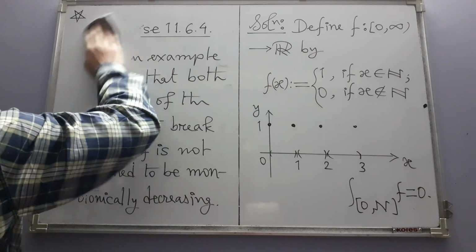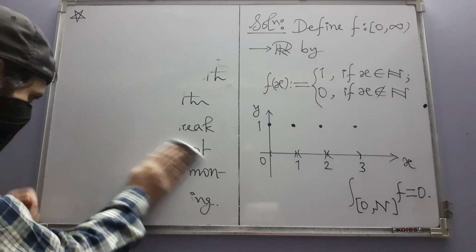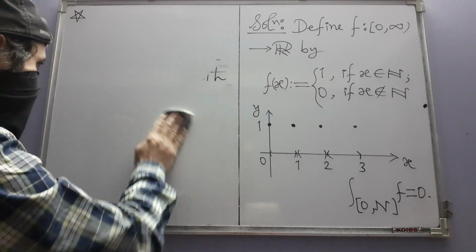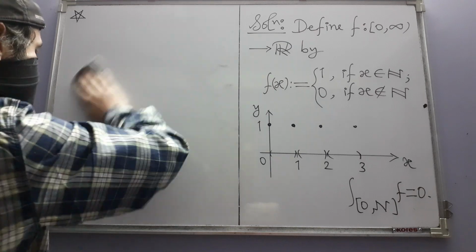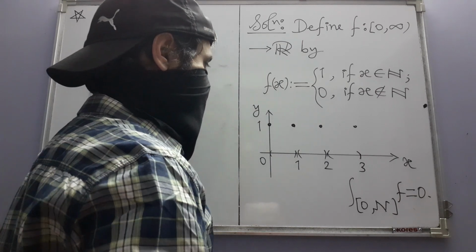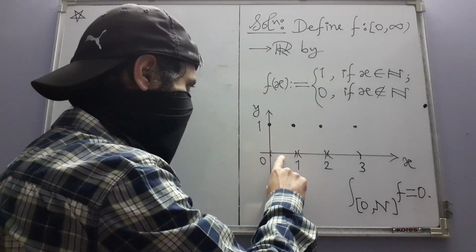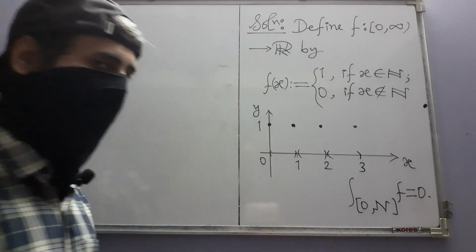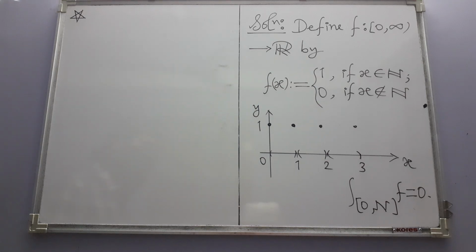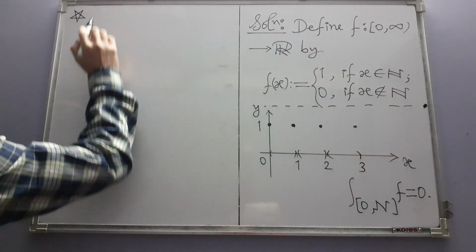But before doing that though, let us also note that this function is not decreasing. Why? Well, that's because the values fluctuate. Now, we have 1 and then 0, again 1, again 0, so how can it be decreasing? So we start by writing this.